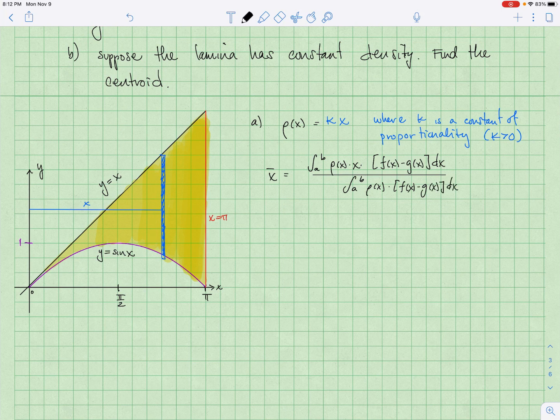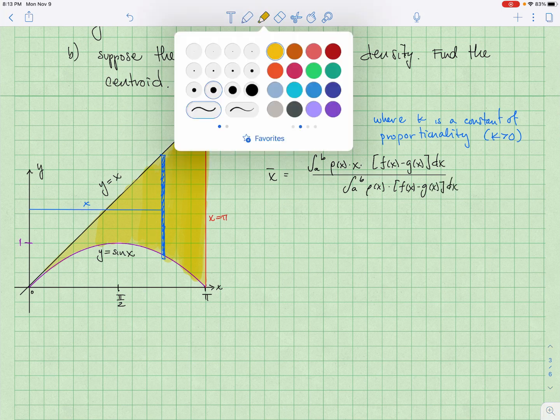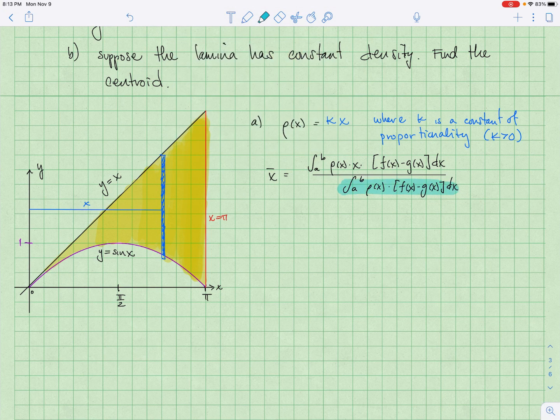Now, since this is the mass, typically we write this a different way. We write this as 1 over m times the integral a to b of rho of x times f of x minus g of x dx.